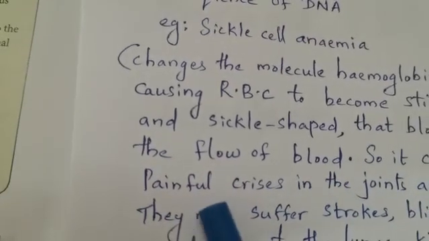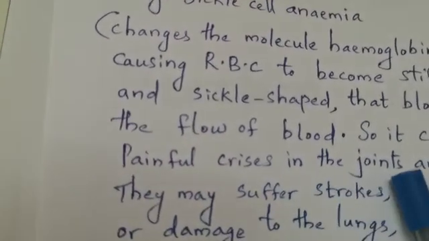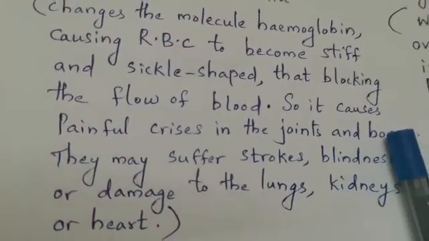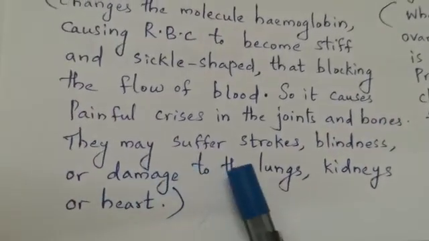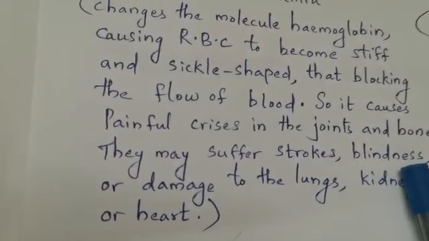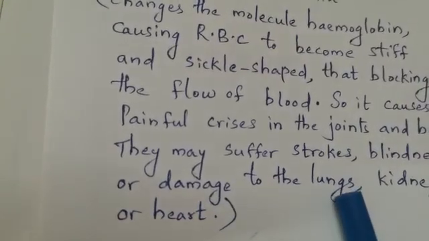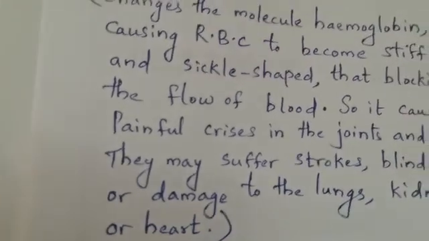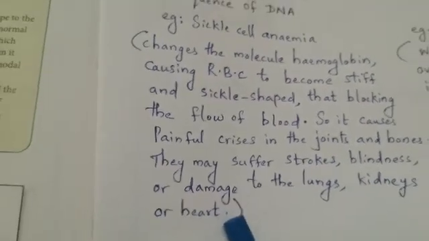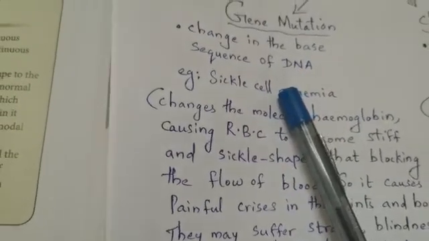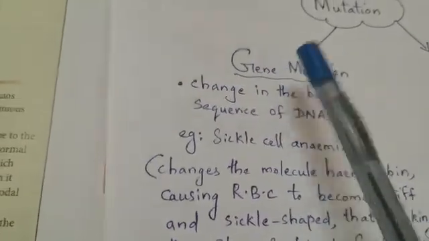So it causes painful crisis in the joints and bones. They may suffer strokes, blindness or damage to the lungs, kidneys or heart. These are all the problems of sickle cell anemia, or this gene mutation.